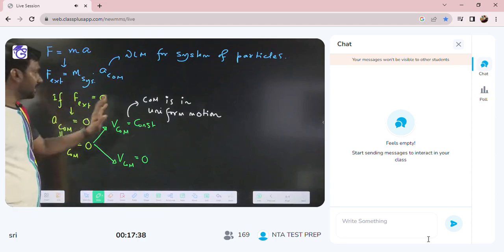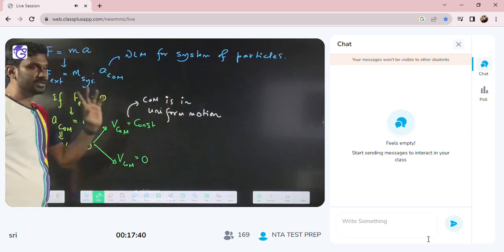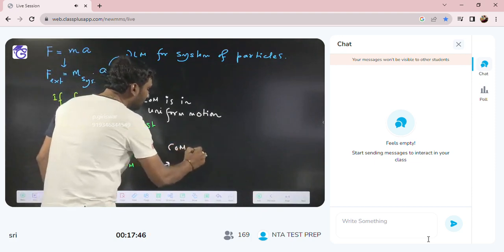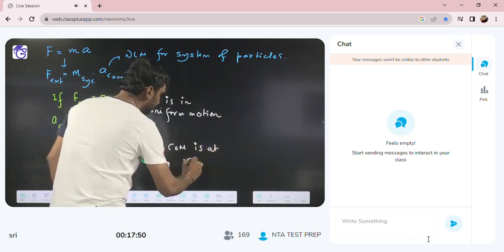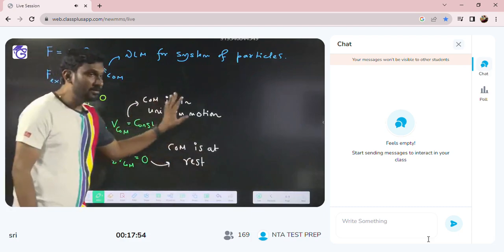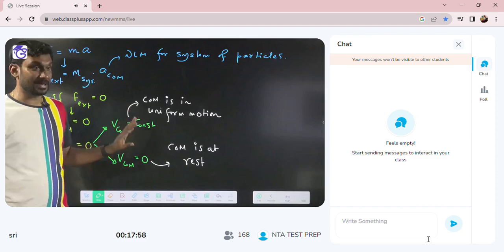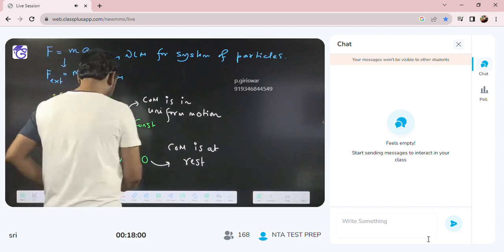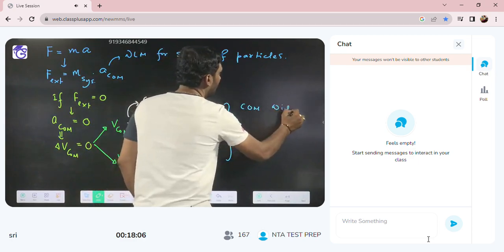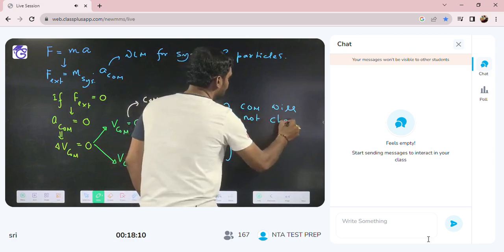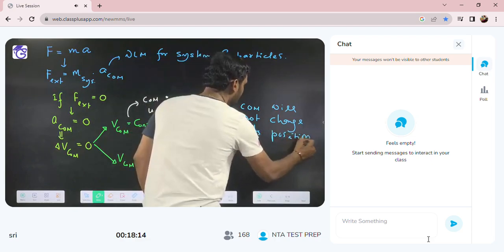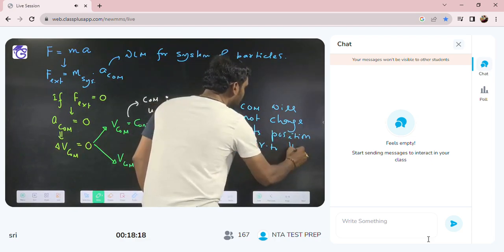When I say VCM is equal to constant, center of mass is in uniform motion, and when VCM equal to 0, center of mass is at rest. In both these cases, center of mass will not change its position with respect to the system.